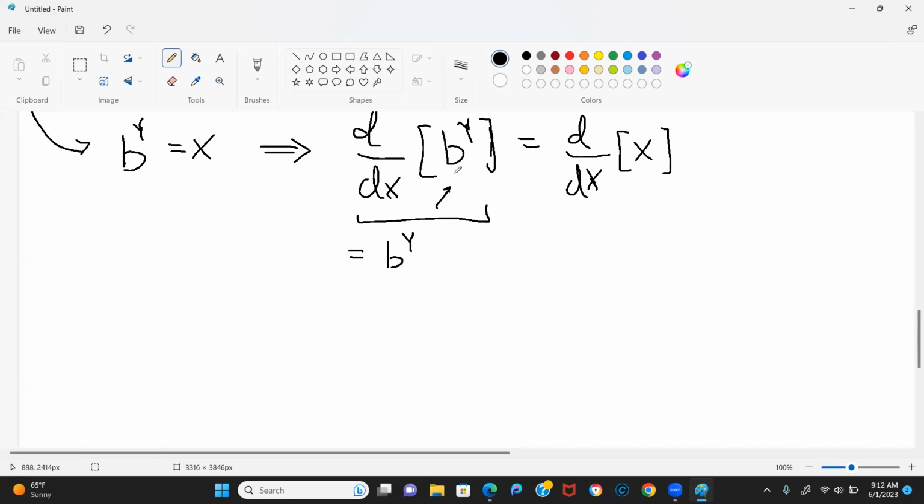So we're taking the derivative of the outside function. The derivative of the outside function is just the exponential function itself times, let's put this in parentheses, ln of b.